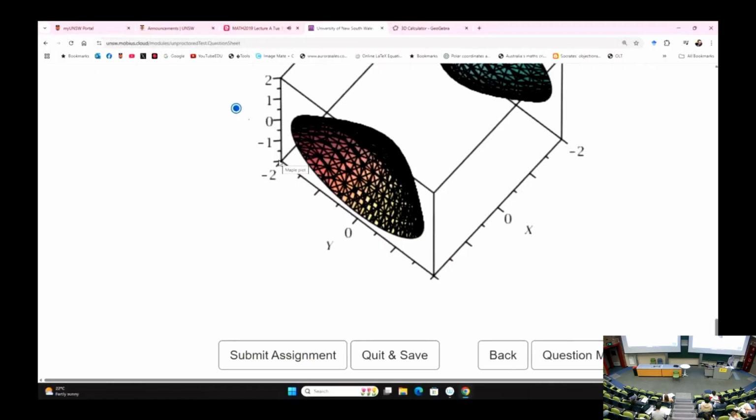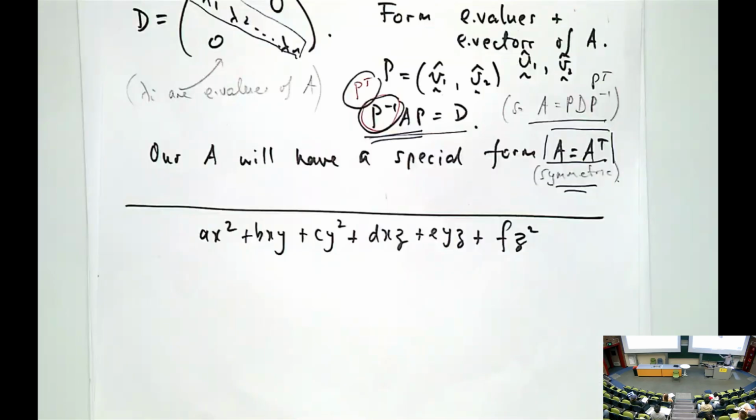Let me write this out a little more carefully, because this is helpful. So let's say I have something like this. A, B, C, D, E, F are all constants.